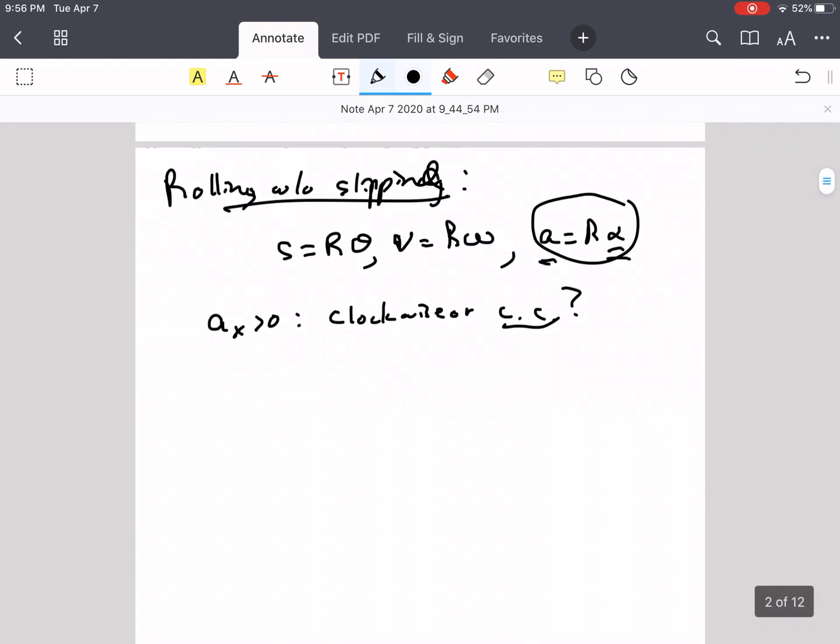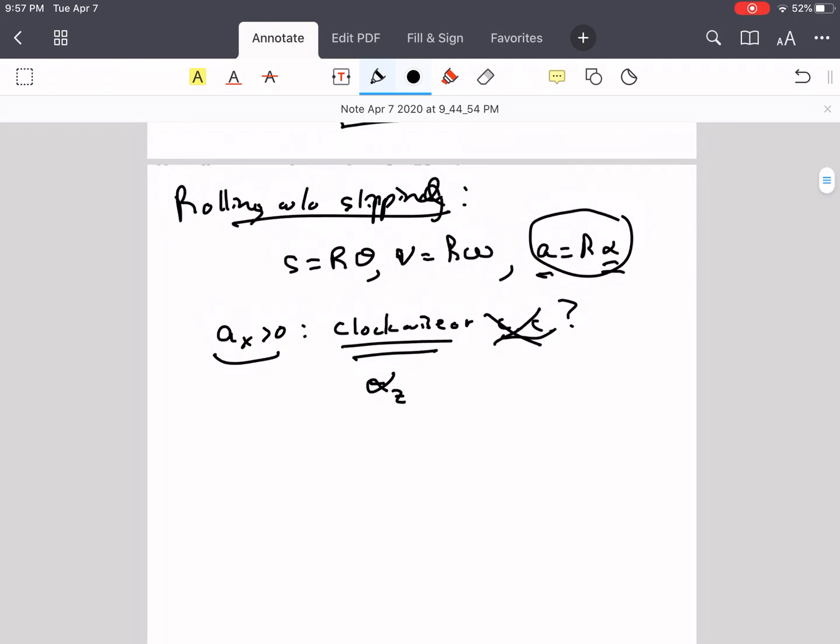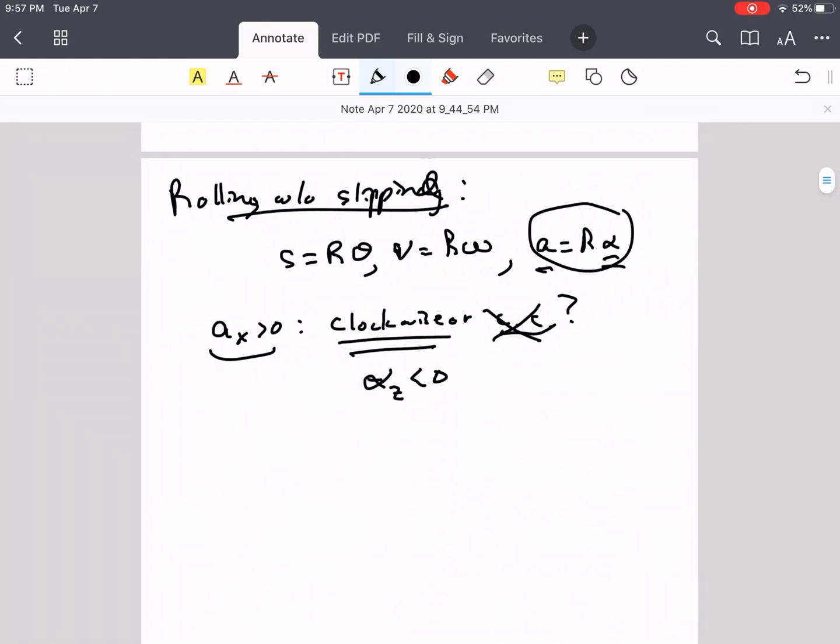And we know that that is actually negative alpha. So when linear acceleration is positive, alpha z is negative. So what that tells us is that A, in this case Ax, because that's the only acceleration, is equal to negative r times alpha z.